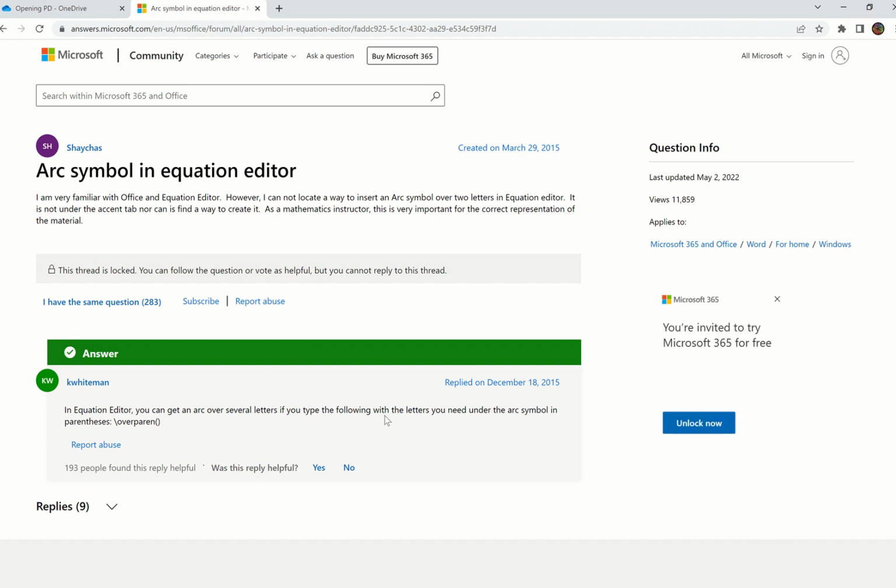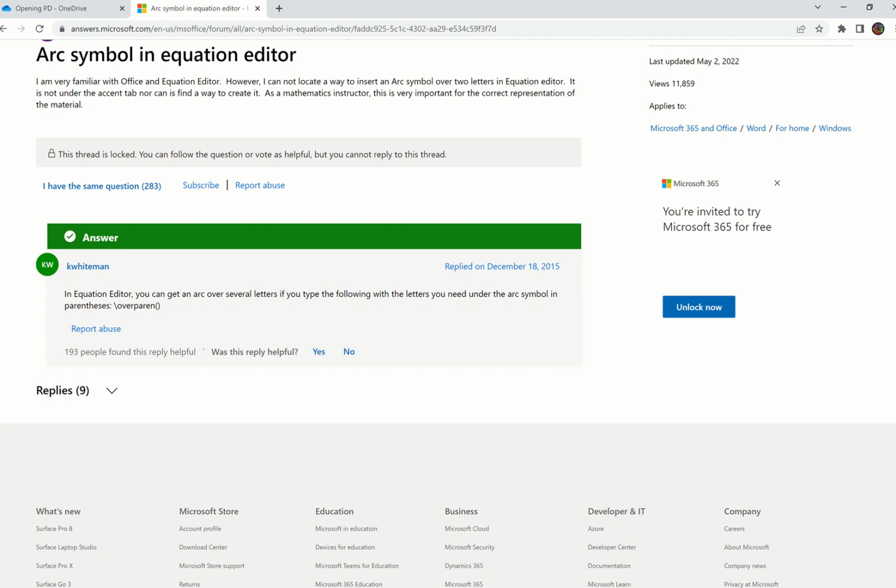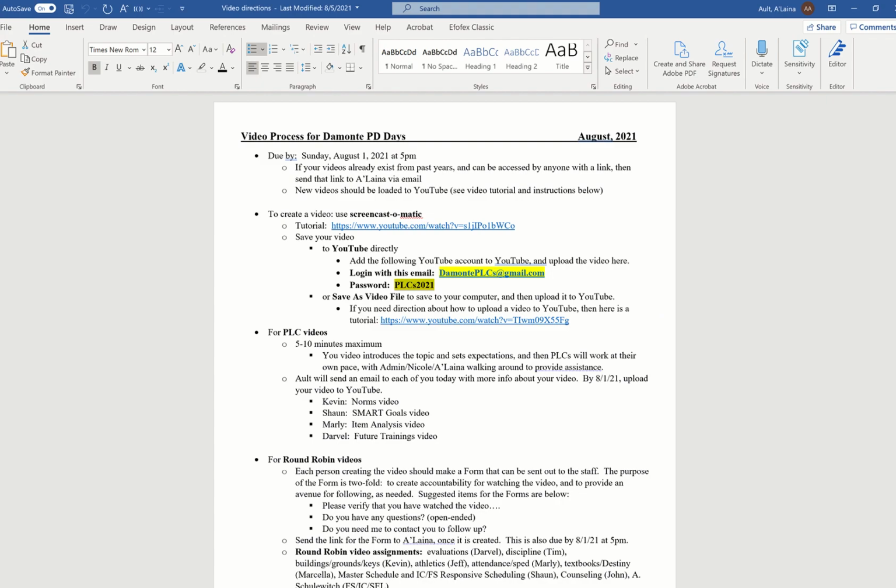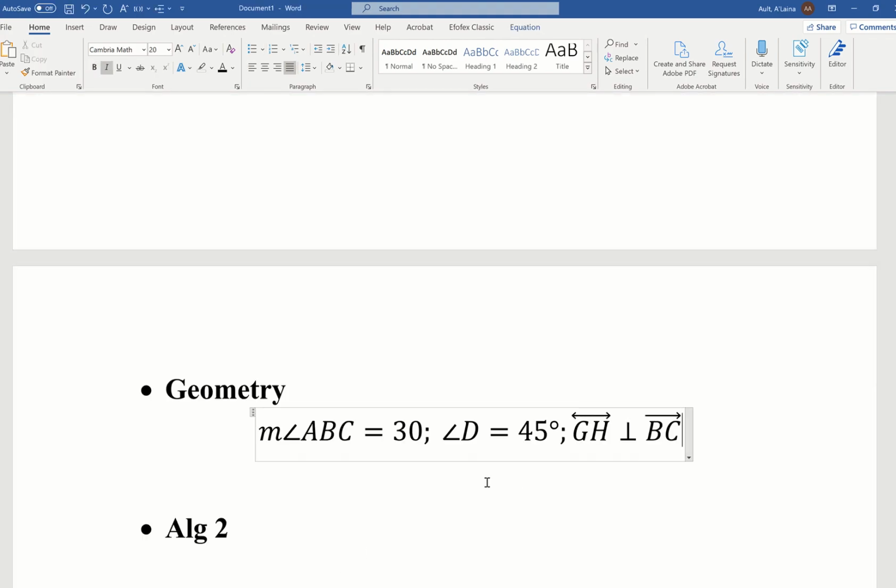All right, so if you type the letters you need under the arc symbol, okay, and then you type the letters in parentheses, and then looks like slash over parentheses. Let's try it. Sorry, wrong thing. Okay, so let's say I wanted to do the arc.